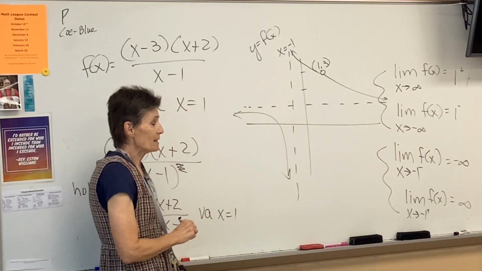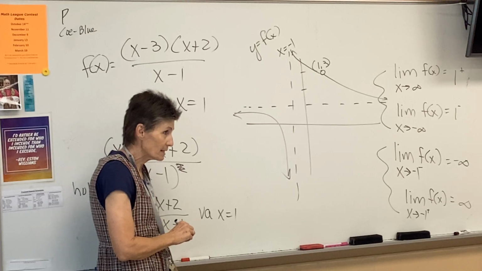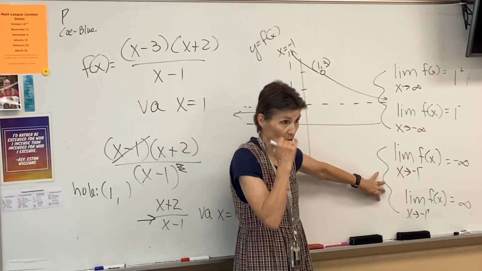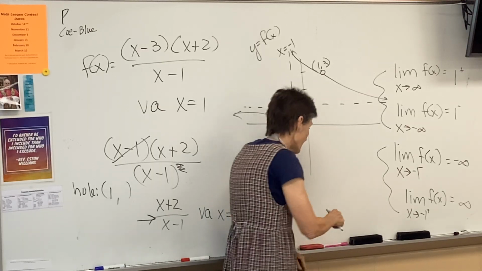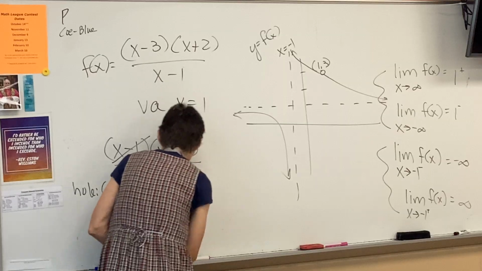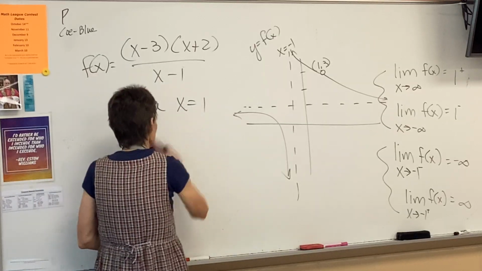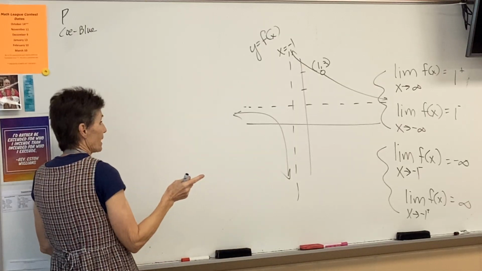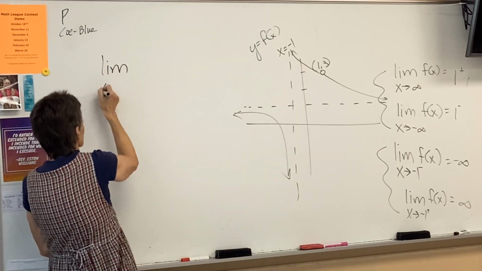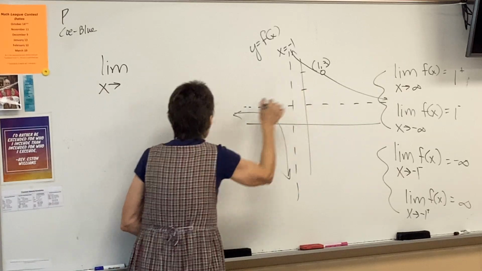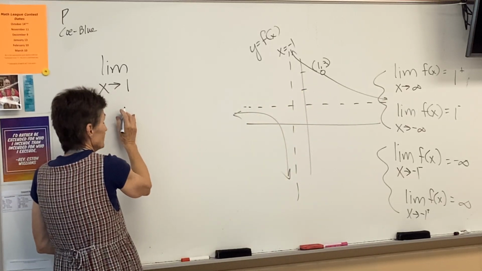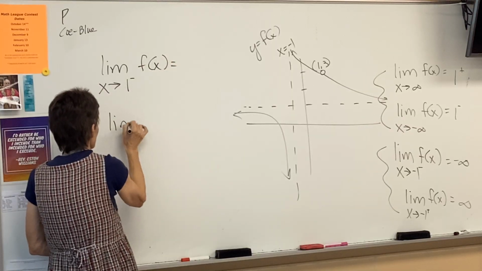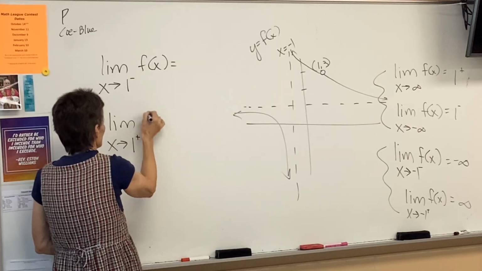So you need to be able to describe, using limits, what's happening on each side of the vertical asymptote. Then, you also have to be able to describe what is happening at the removable discontinuity or the hole. So what's the limit as x approaches 1 from the left and as x approaches 1 from the right?